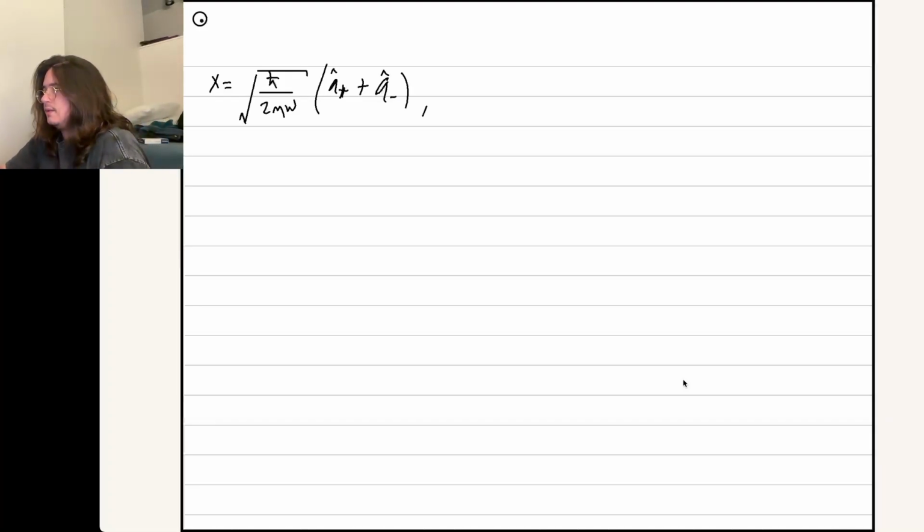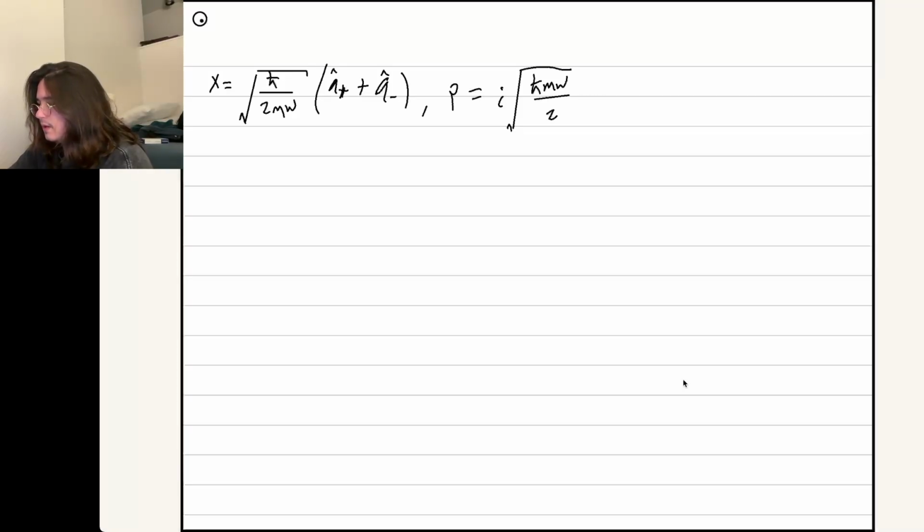And then the momentum operator is given by, why don't I have that written down somewhere? There it is. It's i times the square root of h bar m omega over 2, times the raising operator minus the lowering operator, right?